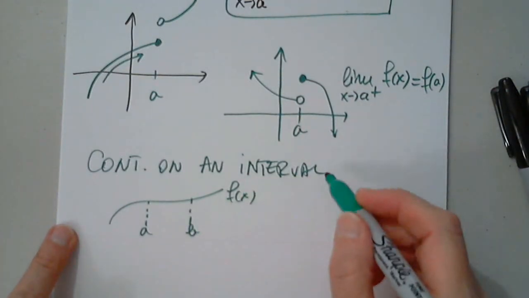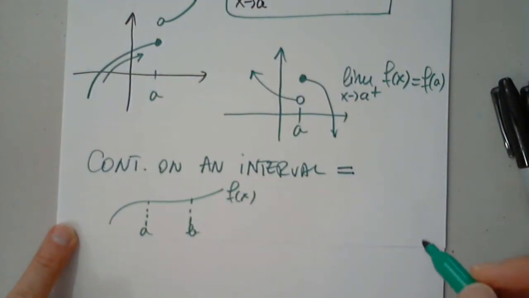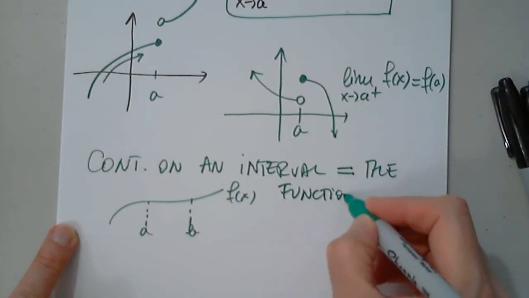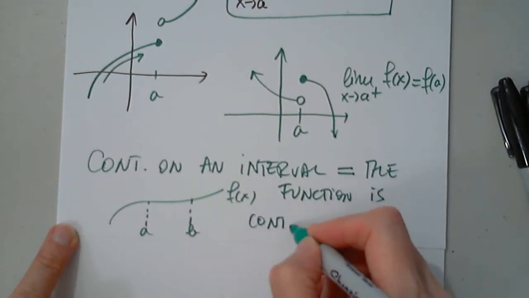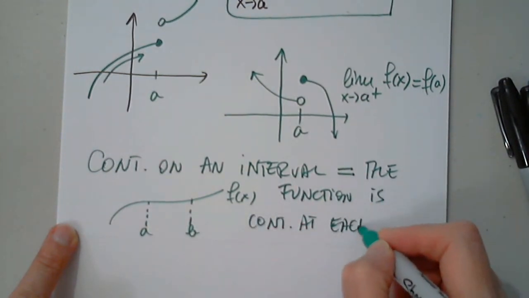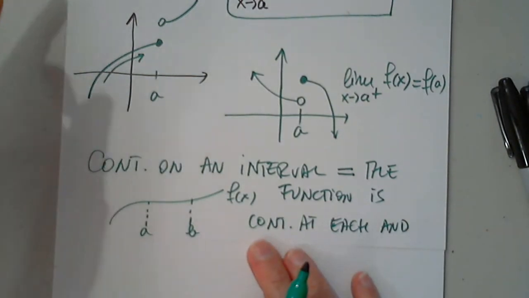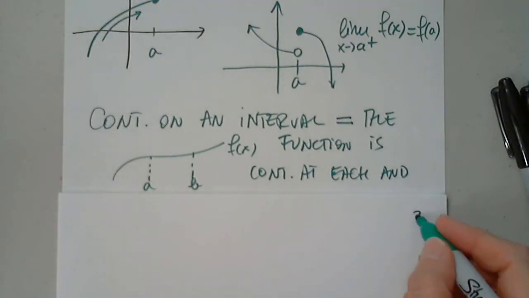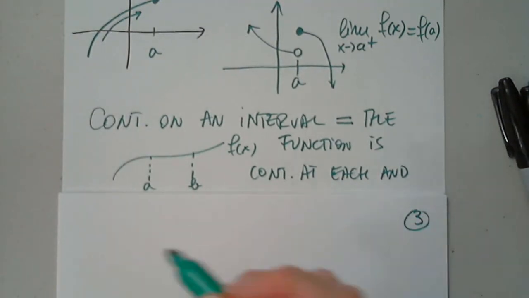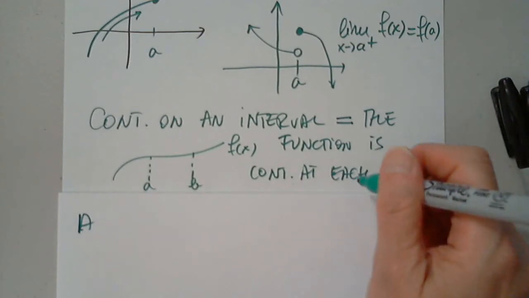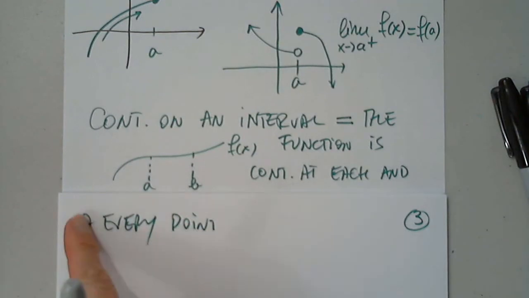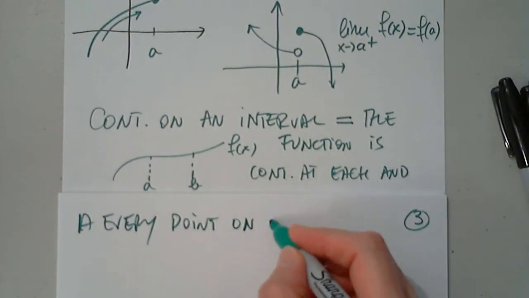So continuity on an interval means the function is continuous at each and every point on that interval.